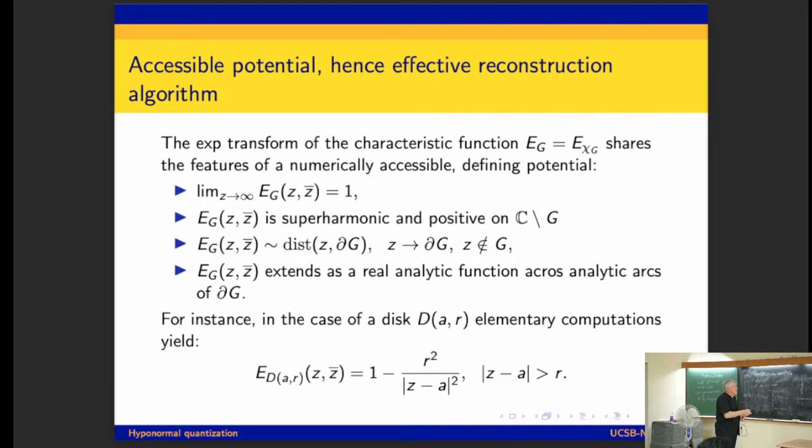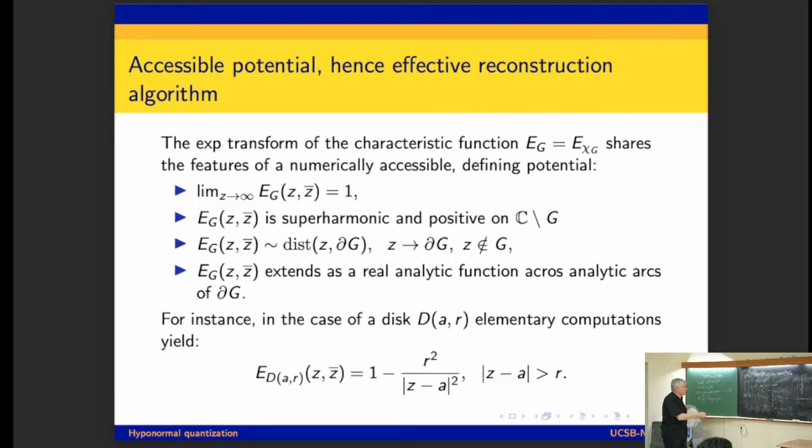And what is remarkable is that it is not the Green function, not a potential which depends heavily on the domain, but is universal. It's a kernel which doesn't depend on the domain. It's a universal kernel, like the Cauchy kernel. You apply it to the function, and then you automatically have this kernel vanishing on the boundary, which comes from 1 to 0. At infinity it is 1.